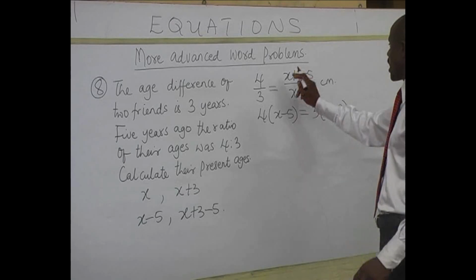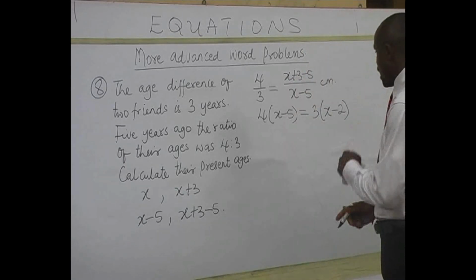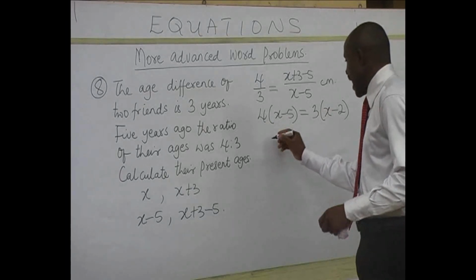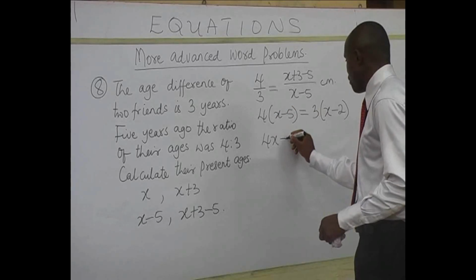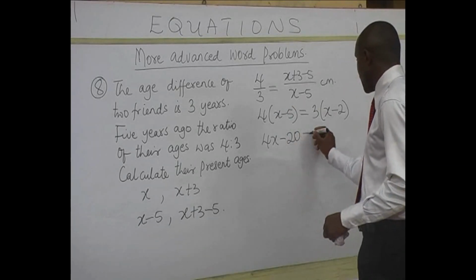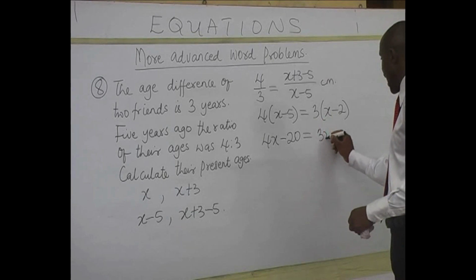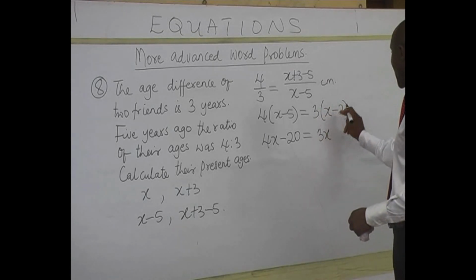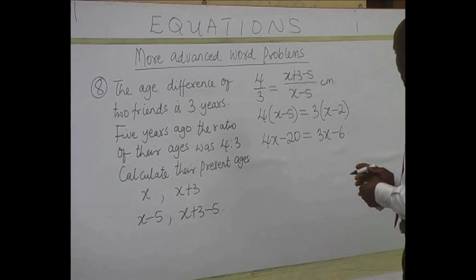Remove brackets. 4 times X will give you 4X. 4 times minus 5 will give you minus 20. It's going to be equal to 3 times X giving you 3X, while 3 times minus 2 will give you minus 6.